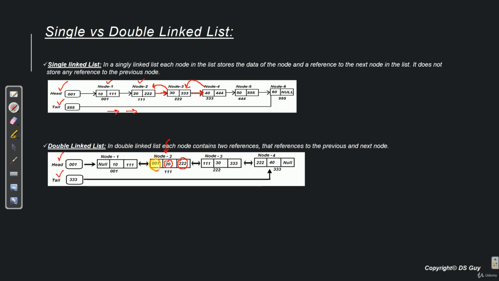So this allows us to go from node 2 to node 1, and similarly from node 4 we can traverse to node 3, from node 3 we can go to node 2, and so on. So now that we have understood on a very high level how single and double linked list are different from each other, now let's see how we can create a double linked list.